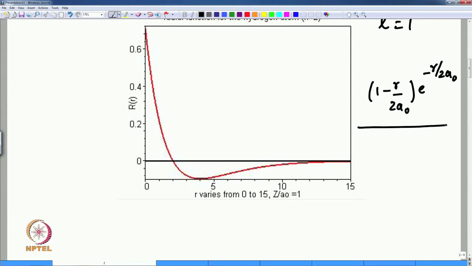You can see clearly that when r is 0, this is 1. So, you start with some number depending on what the constant in front is, that is the maximum here.